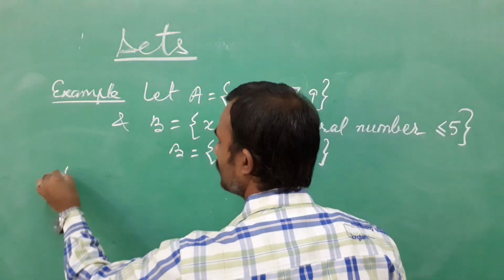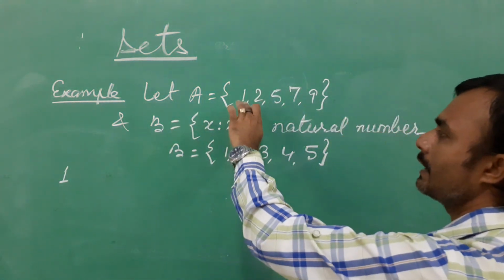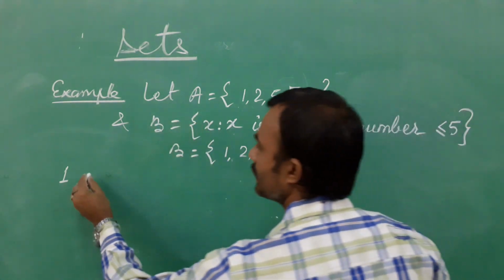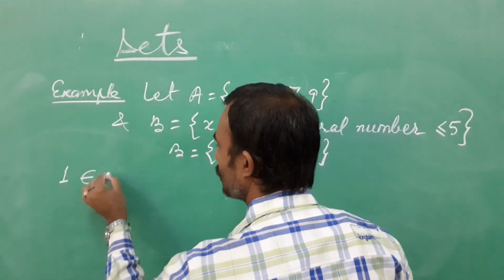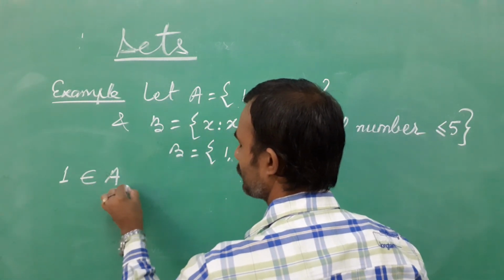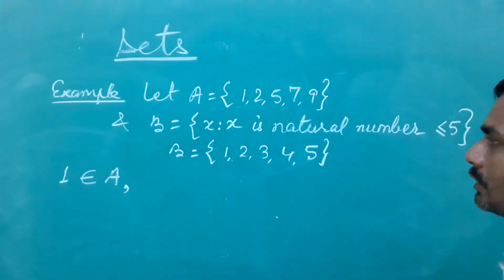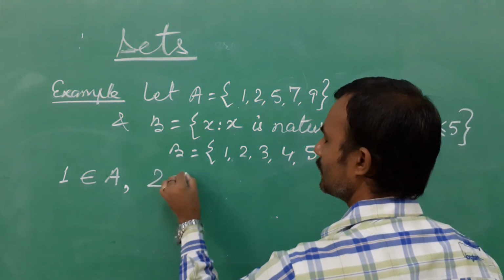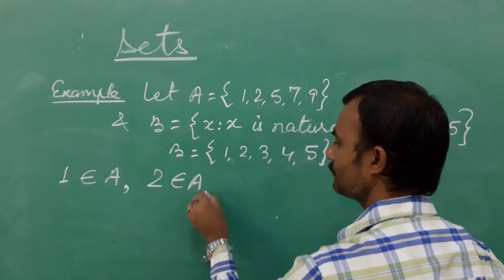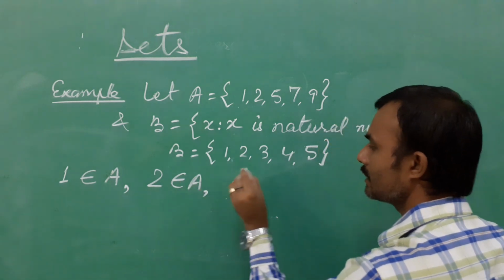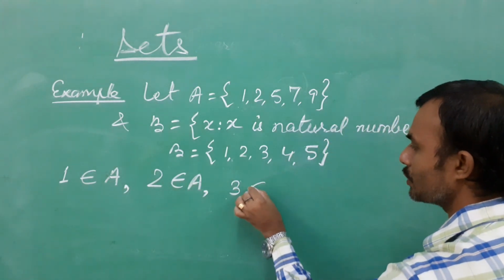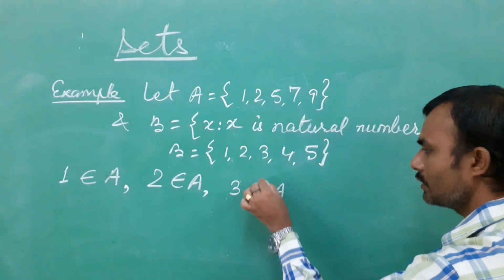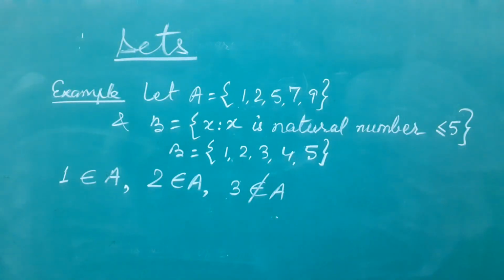So here 1 is an element of set A, so we can write it belongs to set A. 2 also belongs to set A. 3 does not belong to set A, so this should be cancelled. 3 is not there.